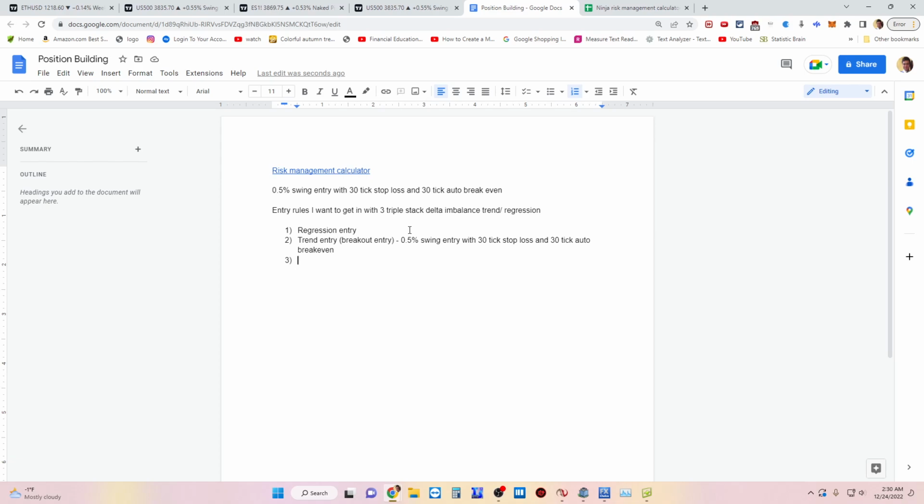With the 2-to-1 scalps, this is what I do: a 15 tick stop and then a 30 tick take profit. And then I've seen other people do a 16 tick stop and 32 take profit.